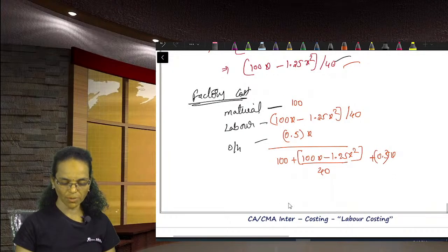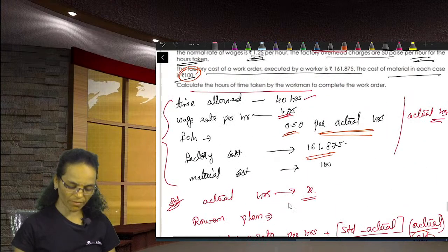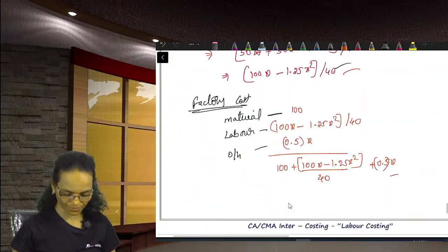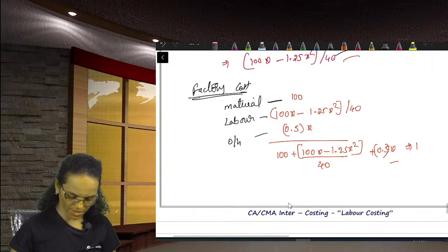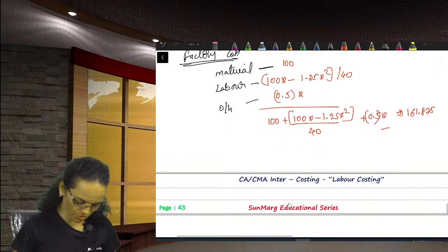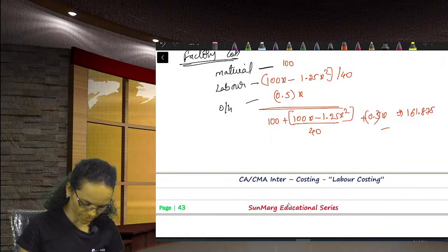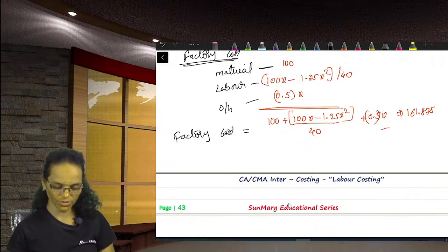This total represents the factory cost, which is given directly as 161.875. Now we need to simplify this.